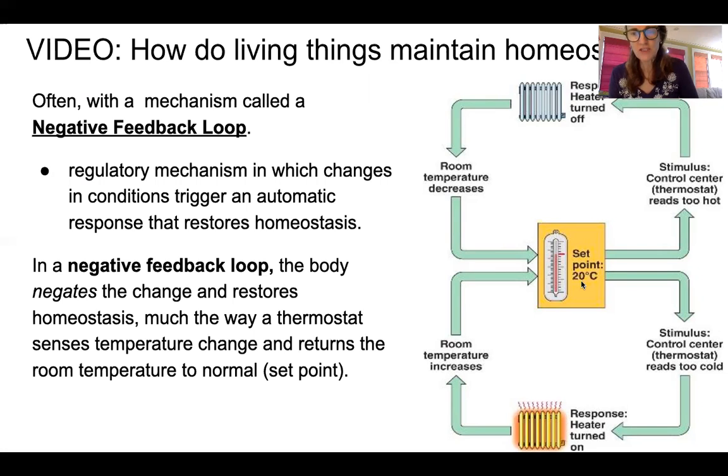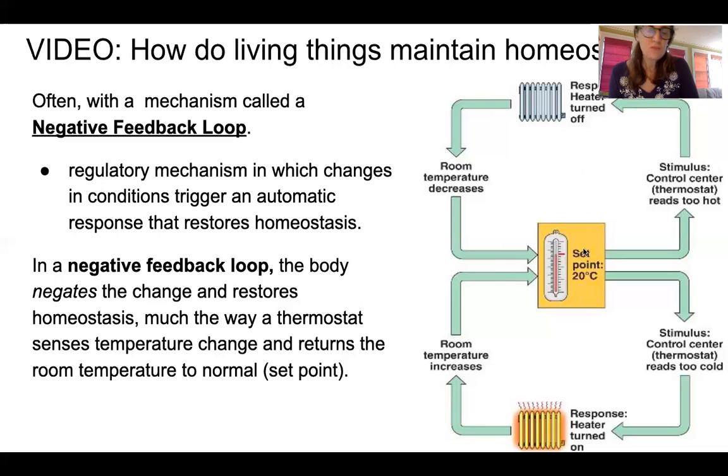However, as you can imagine, with the heater staying on, it may well exceed 20 degrees Celsius. So after some amount of time, the thermostat will then read too hot. We'll go up to 21, 22 degrees Celsius, and that thermostat will sense that change and turn the heater off. So room temperature decreases back to 20 degrees Celsius.